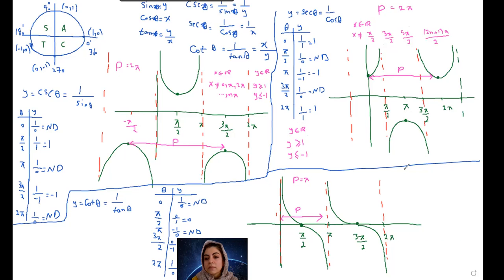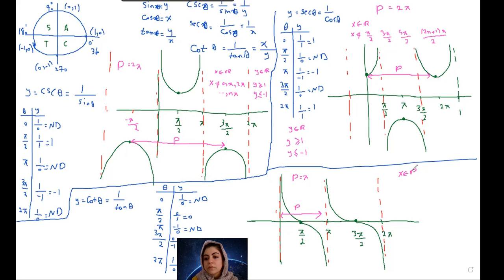Same thing I can do here. X belongs to real numbers. X cannot be what? 0, pi, 2 pi. I can generalize that. How?